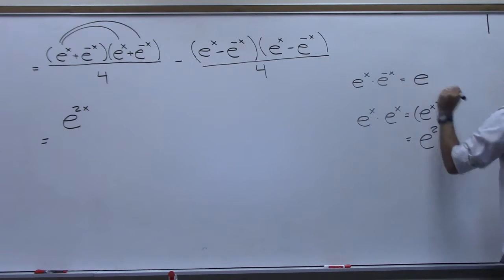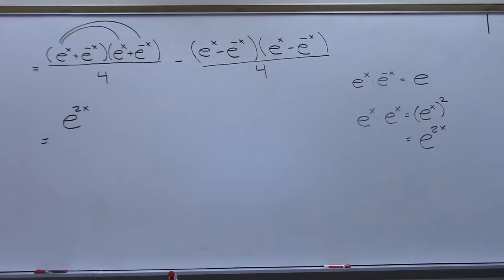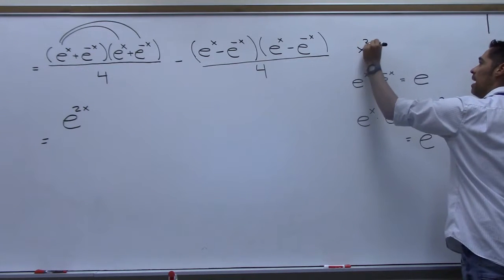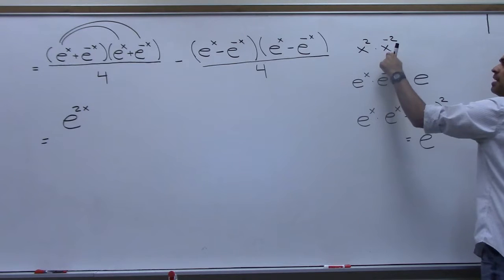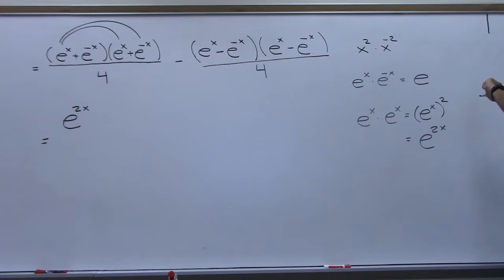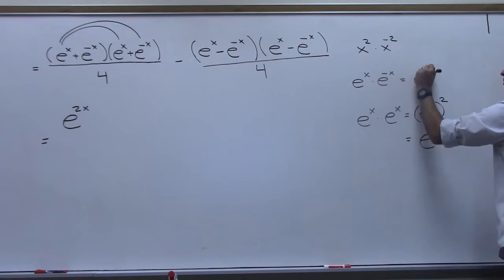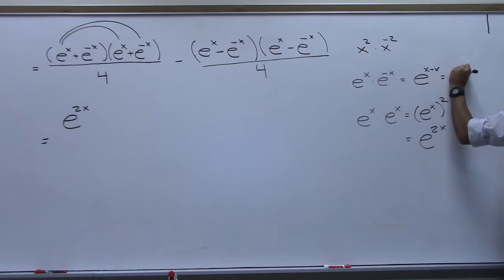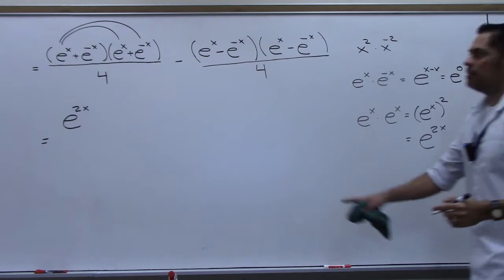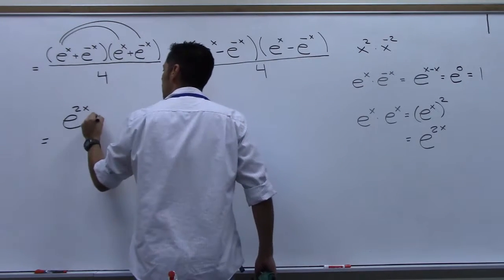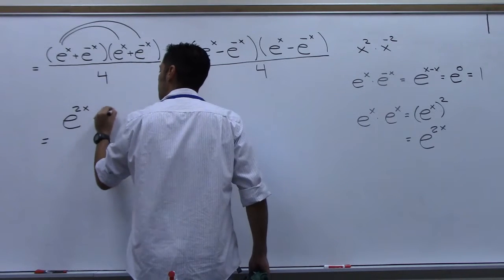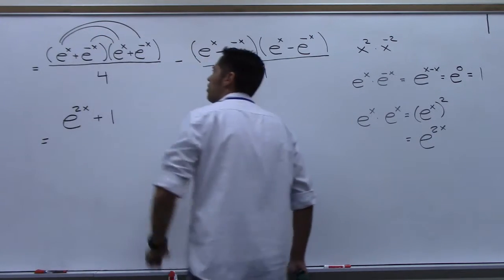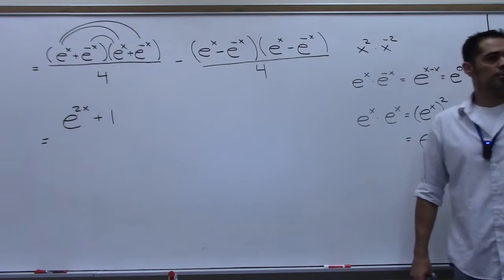It's e to the 0. Okay, so think about it this way. If I said, what's x squared times x to the negative 2? If you have the same base, you add the exponents, don't you, if you're multiplying. So I do x, take away x. That's e to the 0, but e to the 0 is 1. So that second multiplication here gives me a 1, positive, right? Plus 1? Yes. Now what about this inner multiplication there? Same thing. So plus 1 again.